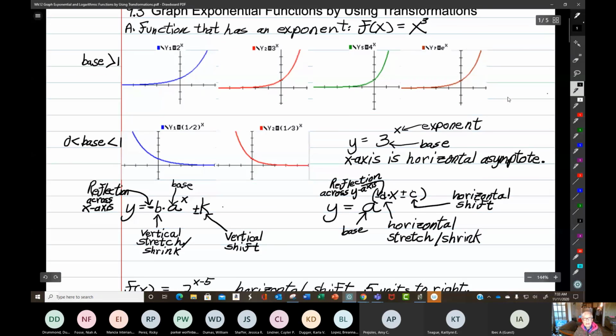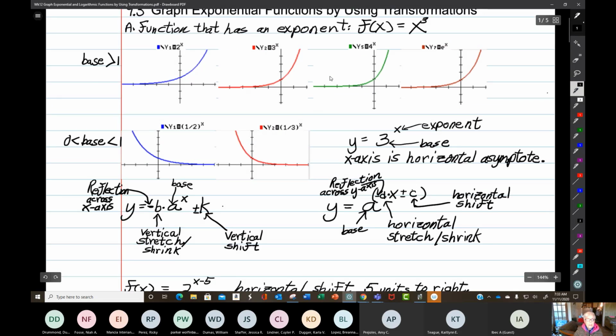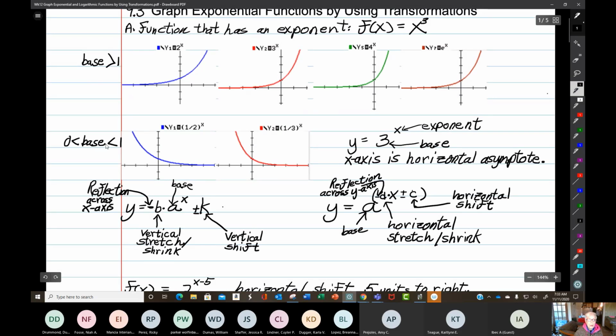Here's your base, here's your exponent, and whether your base is a number greater than 1 or a fraction between 0 and 1, the x-axis will always be the horizontal asymptote.